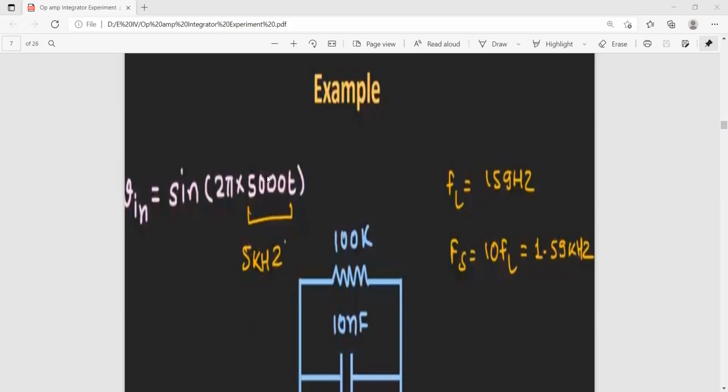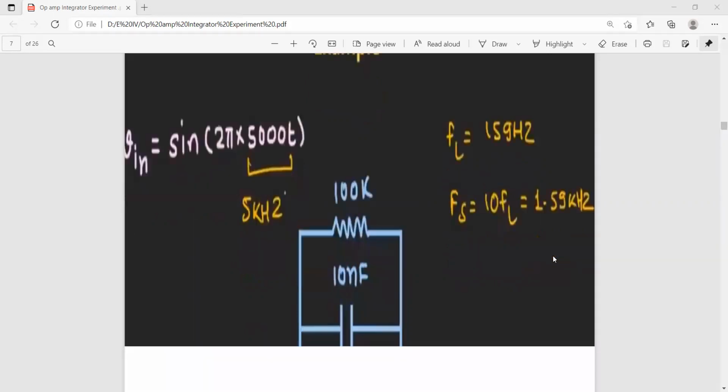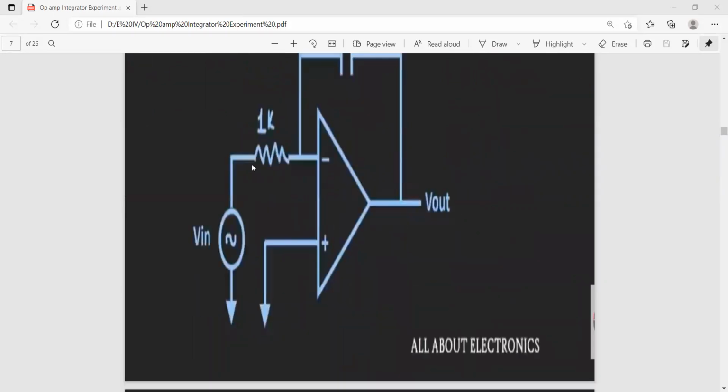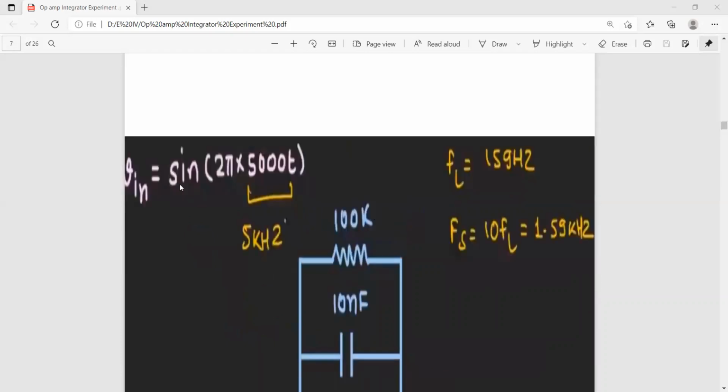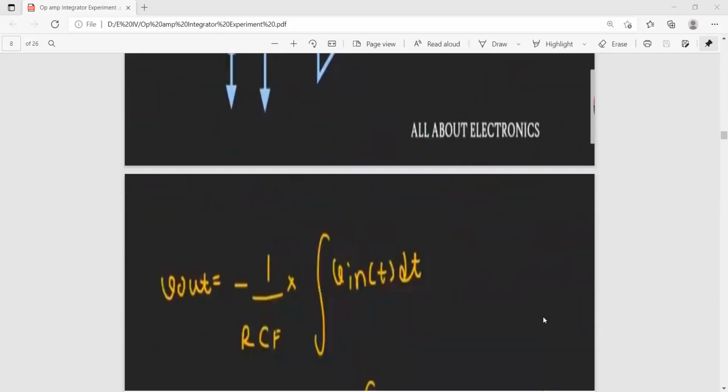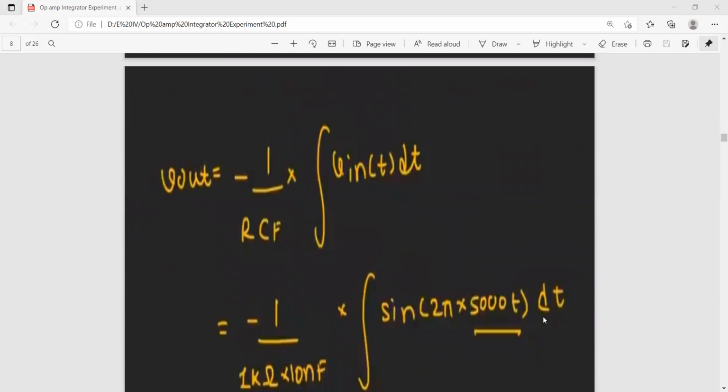So this 5000 is above this range of 1.59. Therefore this is a valid signal, so you can use this as a practical integrator. For this condition, it is a suitable practical integrator.